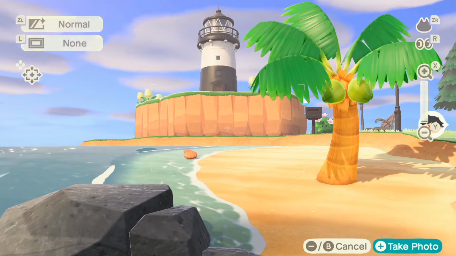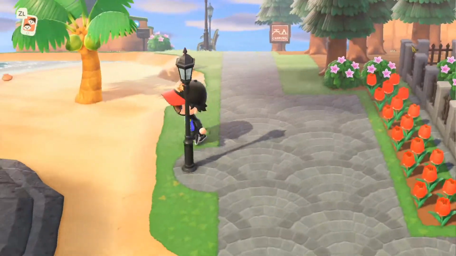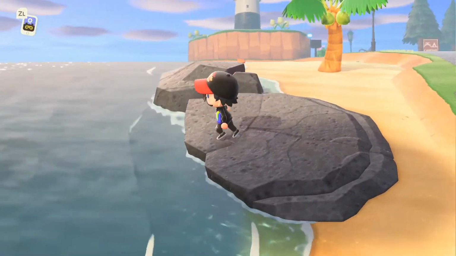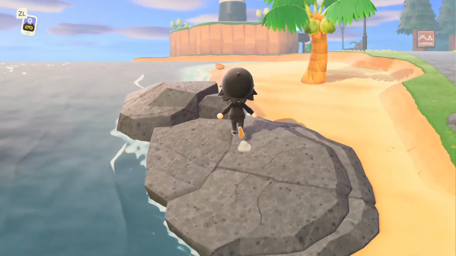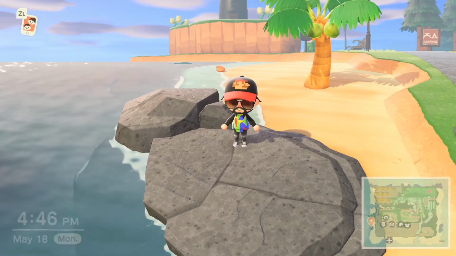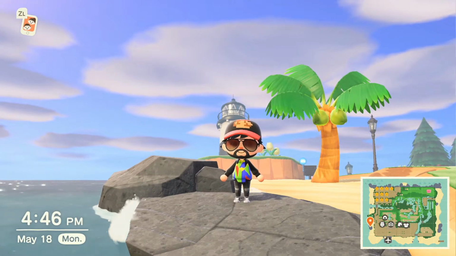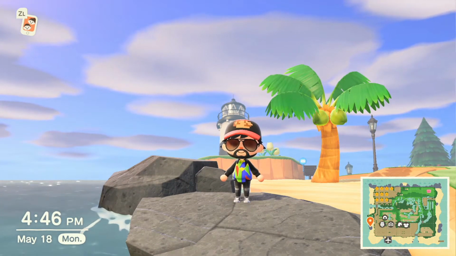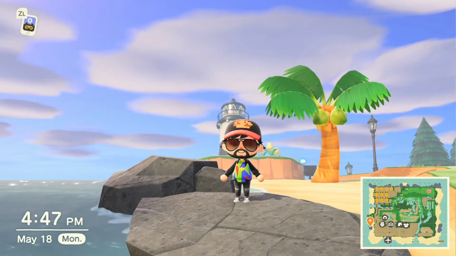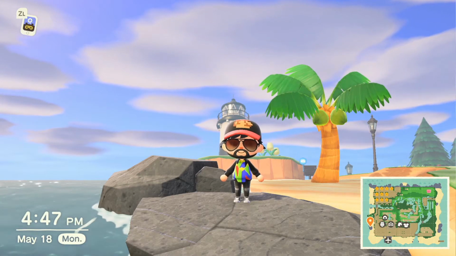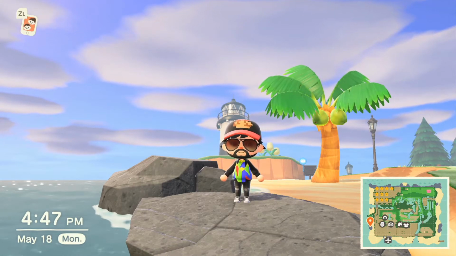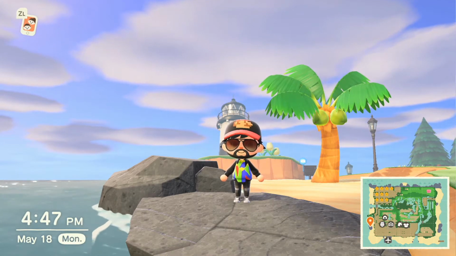So I want to get more of those rocks, but what happens if I do this? Well, now the museum kind of goes away. So let's say I want to be able to get those waves crashing. I also want to get the lighthouse similar to the last shot that I had framed.